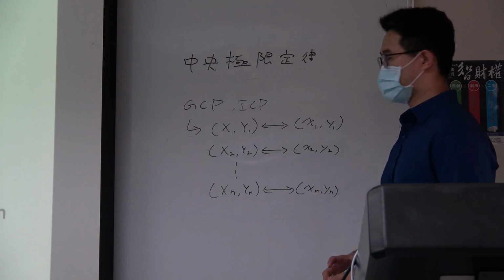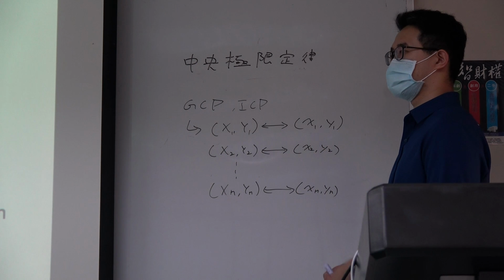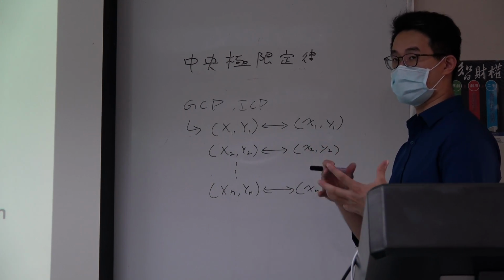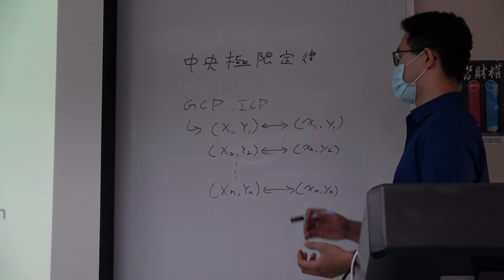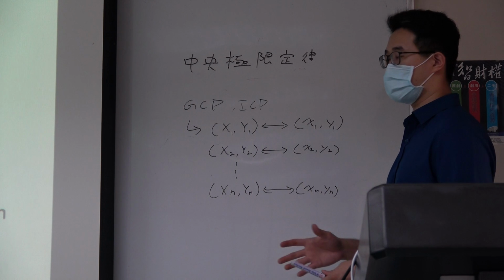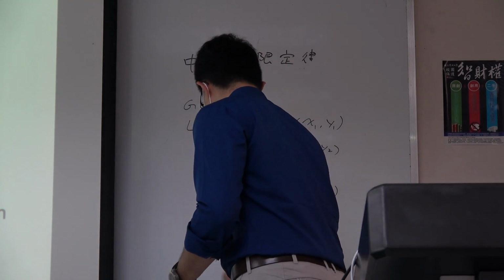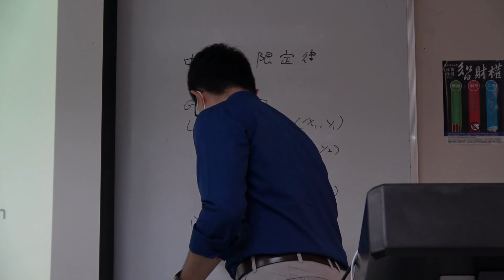So, which means that you have a set of GCPs. For example, you pick 10 GCPs to derive a set of affine transformation parameters. And then you have like 100 ICPs scattered around. For example, the ICPs could be over here, and you have these points here.